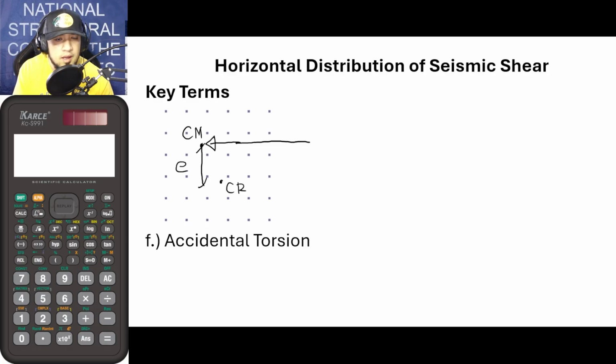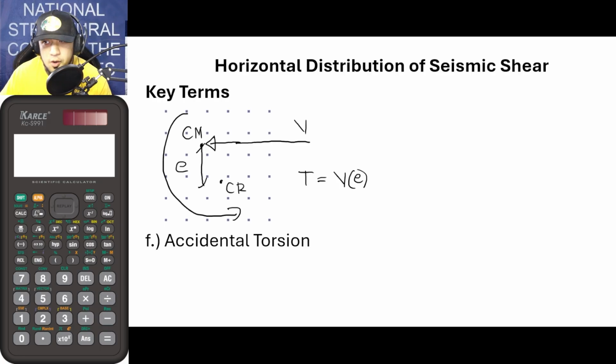Once again, for natural torsion, this particular moment, the torsion, is equal to force V times eccentricity. But how sure are we that in real life the location of the center of mass is really located here, or that the center of rigidity is really located here?